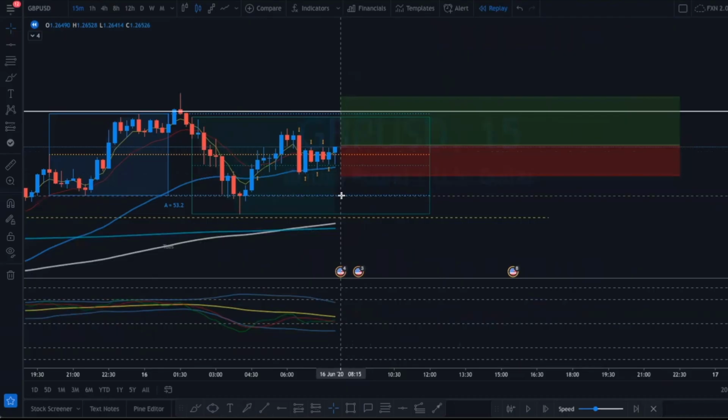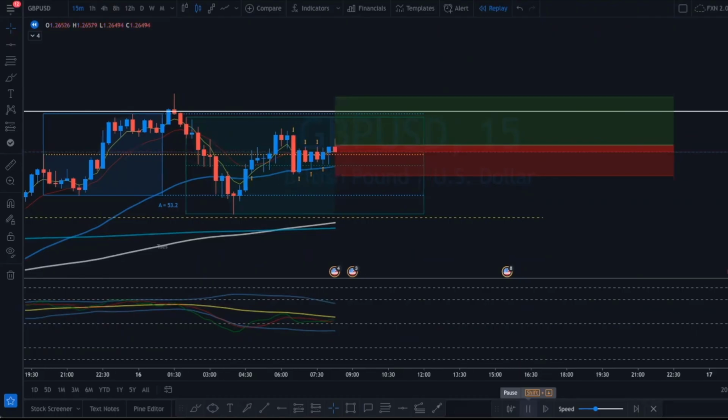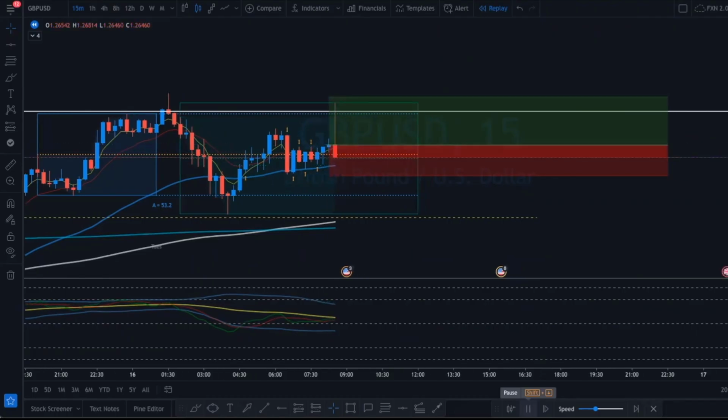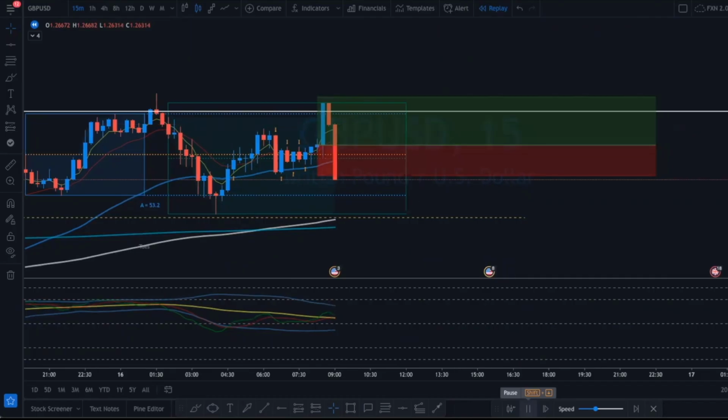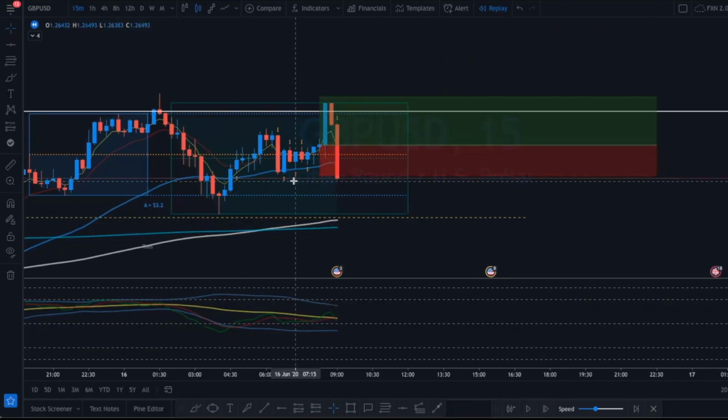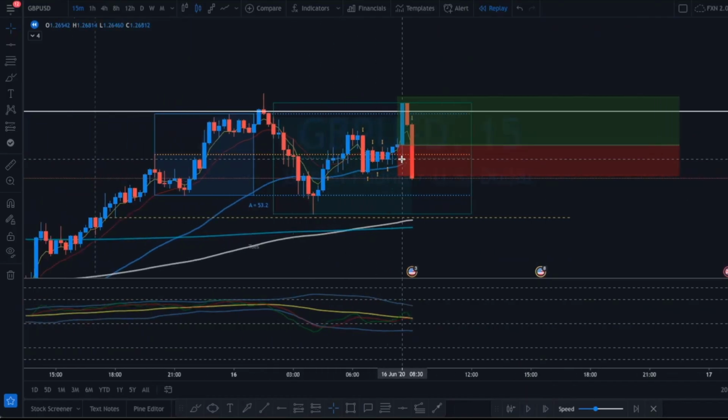I thought it was a beautiful entry, and then it rejected me so quick. Well, you see the rejection here? Literally at the top of the range. Literally pins right here.